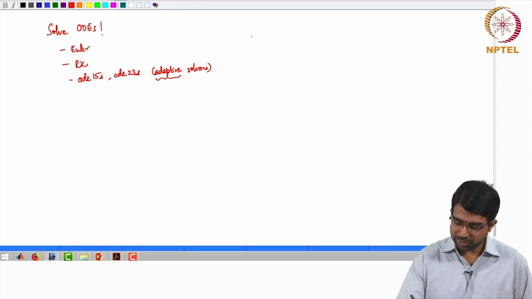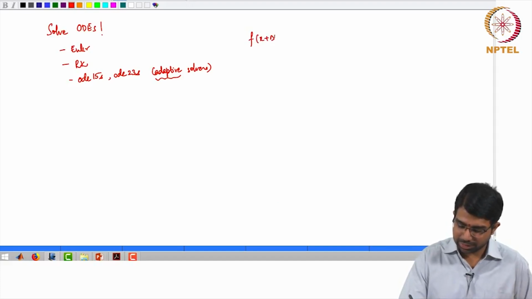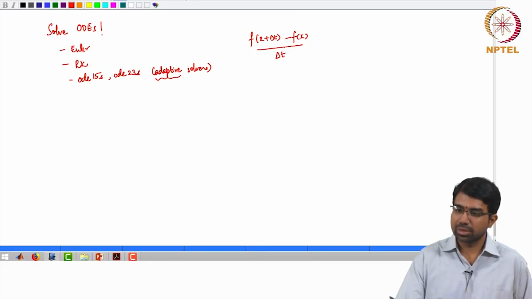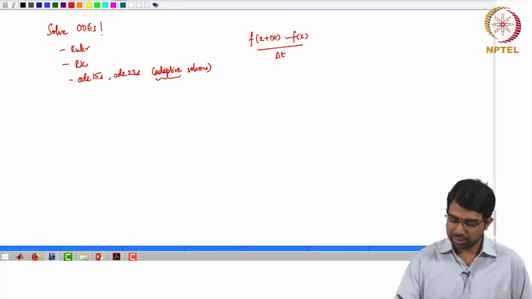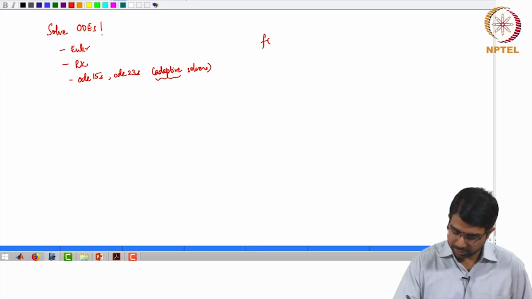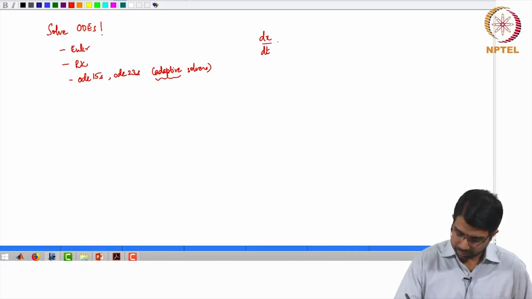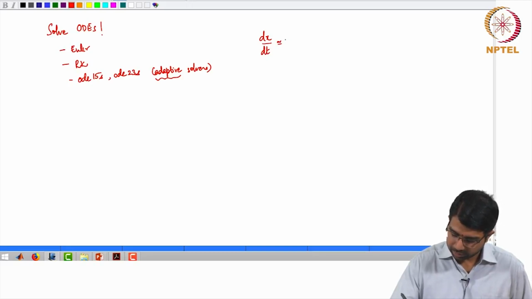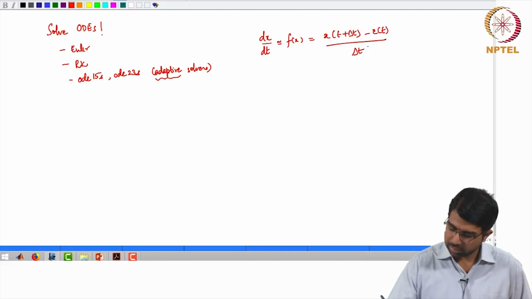So, all your methods basically use some f of x plus delta t minus f of x by delta t and so on, right, or rather we would say dx by dt equals f of x equals x of t plus delta t minus x of t by delta t.